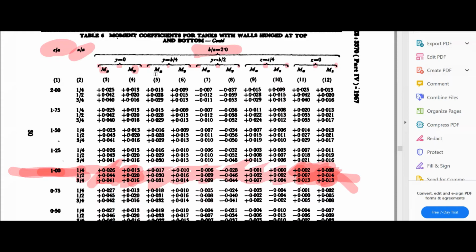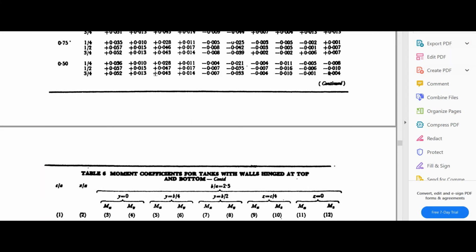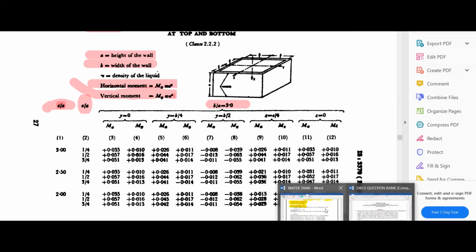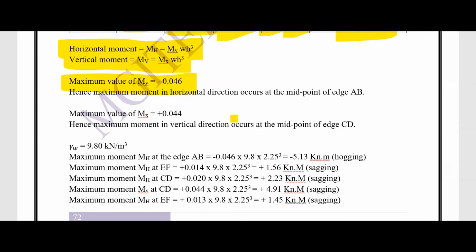Now, horizontal MH. The maximum value of My is negative, the sign is neglected, and we calculate the value 0.046. Hence, the maximum moment in the horizontal direction occurs at the midpoint of edge AB. And the maximum value of Mx is plus 0.040 from this table.